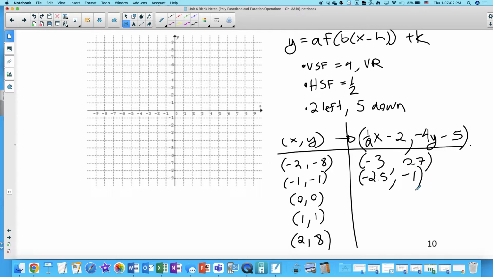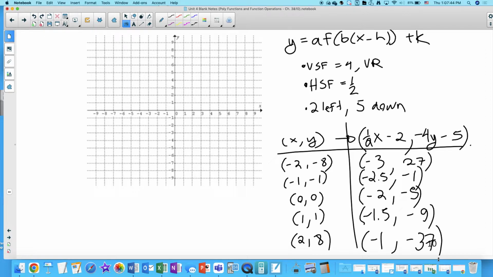Okay, the point (0, 0), that one's nice and easy, (-2, -5). And then (1, 1), 1/2 minus 2, -1.5, and -4 minus 5 is -9. And then finally, 1/2 times 2 is 1 minus 2 is -1. Oh, there's a pattern to those. That's so nice. Okay. And -4 times 8 is -32 minus 5 is -37.